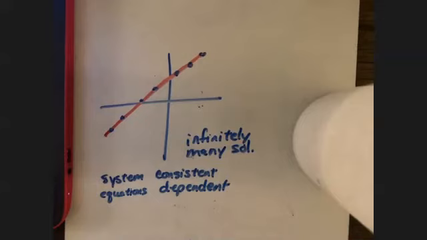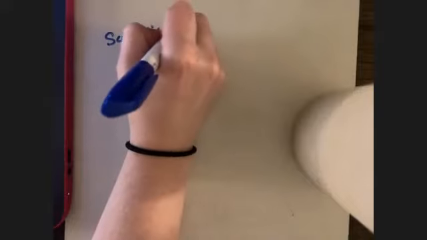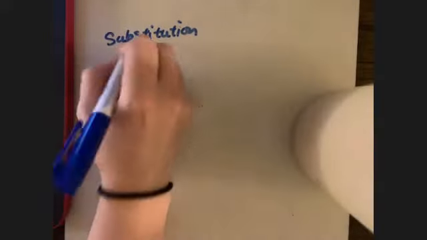So the first method that we are going to look at for solving is the substitution method. Now remember that with substitution, you are solving one of your equations for one of your variables, and you're going to replace that up into the other one.